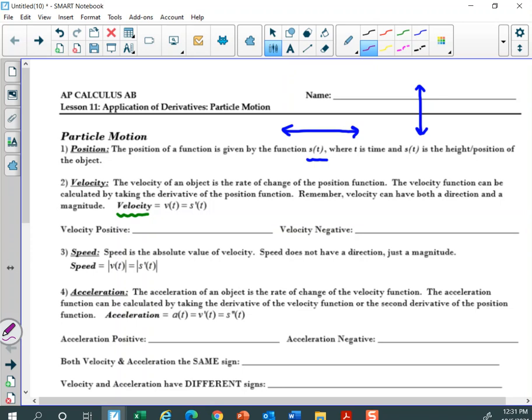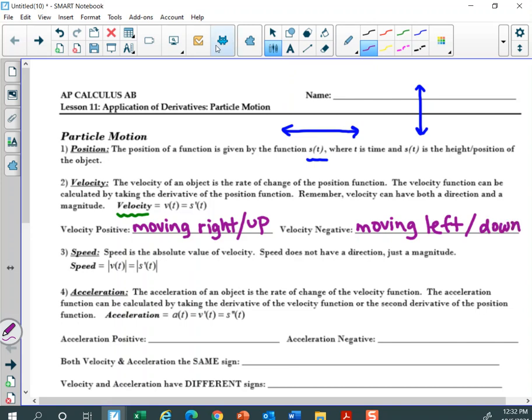So a positive velocity indicates we're moving, if we're talking about these two limited trajectories of movement, either to the right or up, and a negative velocity is an indicator that our item is moving to the left or down.